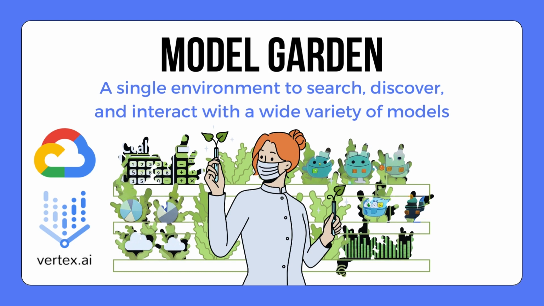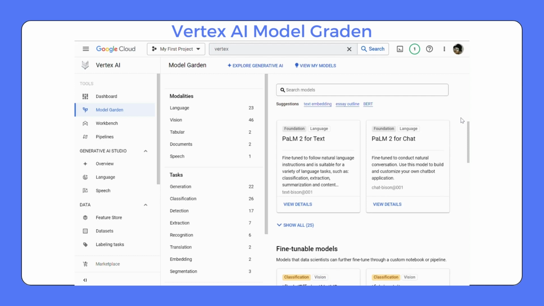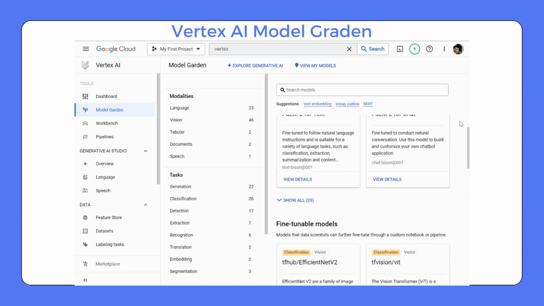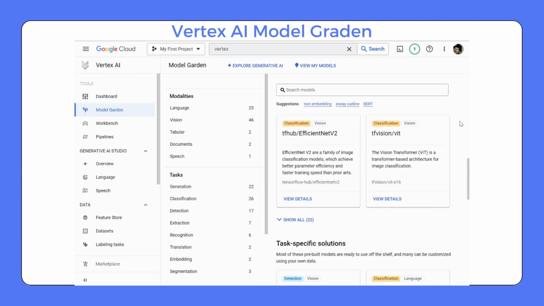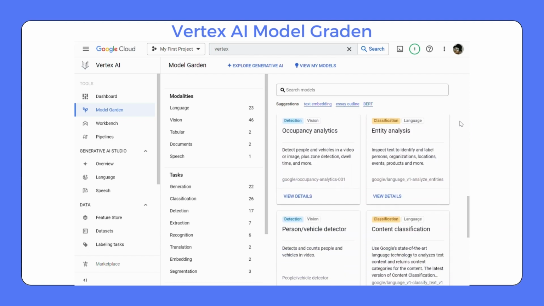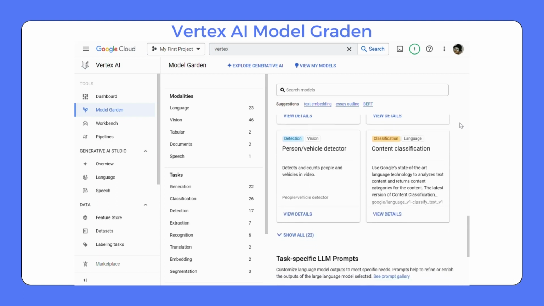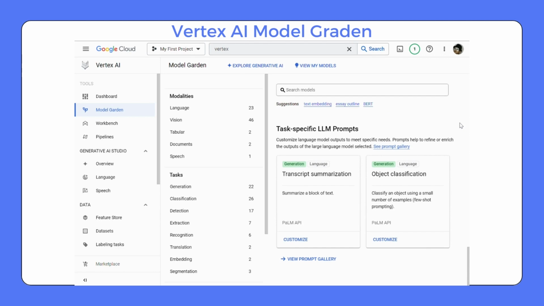Inside Model Garden, you'll find a range of models from Google Cloud, Google Research, and various external sources, accommodating a variety of data formats. So, this is what inside Vertex AI's Model Garden looks like. With many different enterprise ready models at your disposal, Model Garden enables you to select the most suitable model depending on your use case, your expertise in ML, and your available budget.